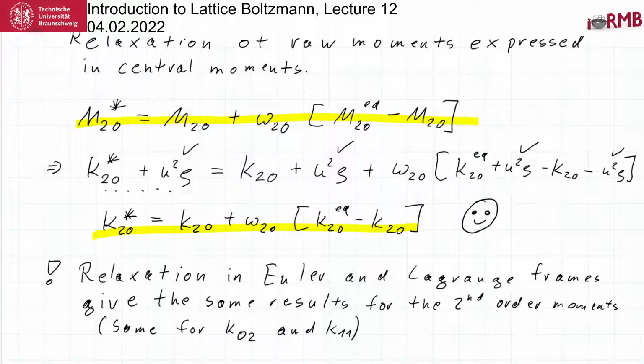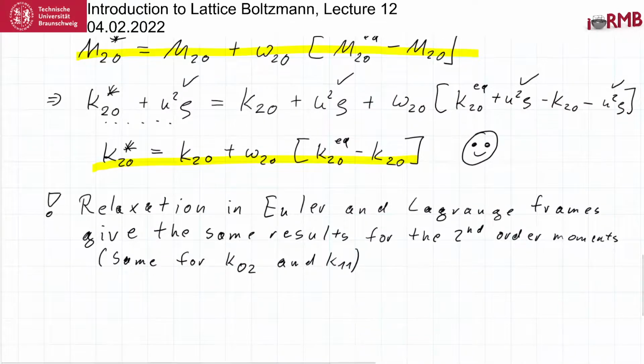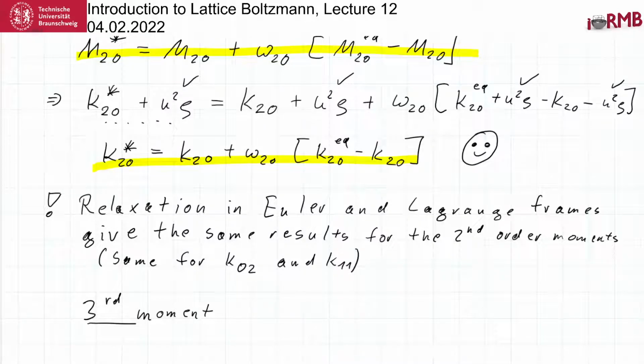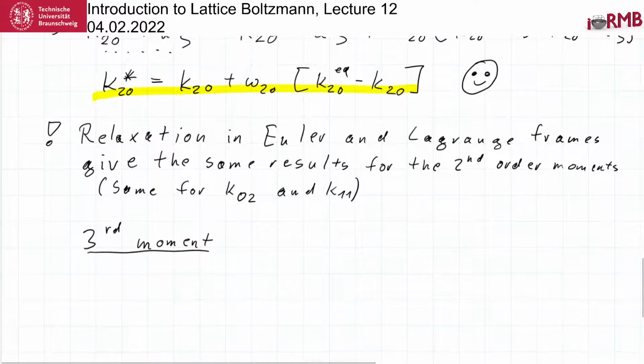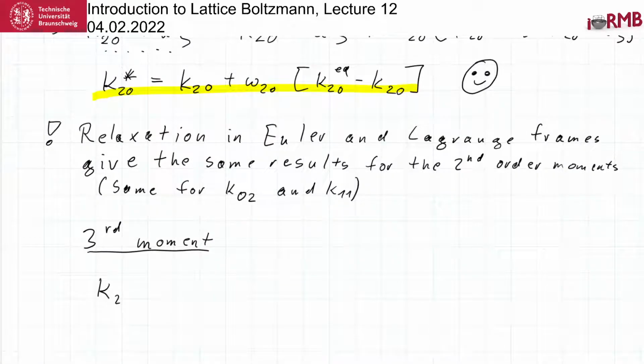But if we want to look into the details, we of course also have to see what happens later. So third order moments, or let's say one third order moment. Okay, let's take k21.